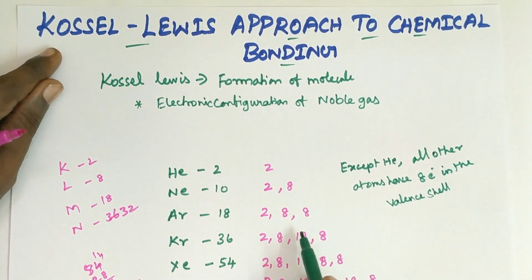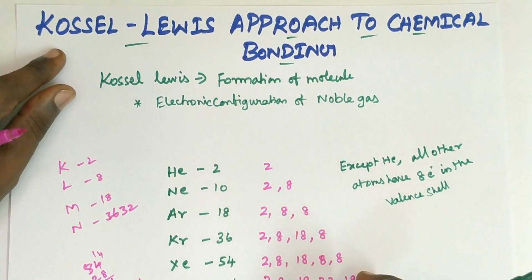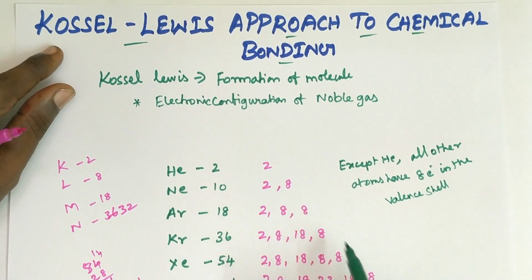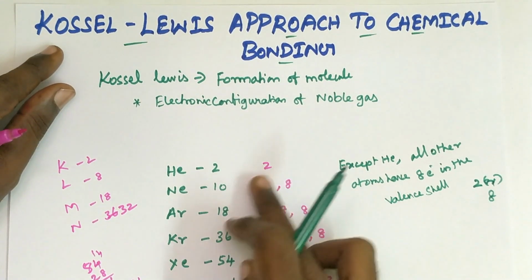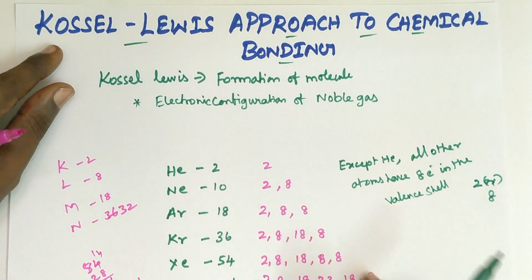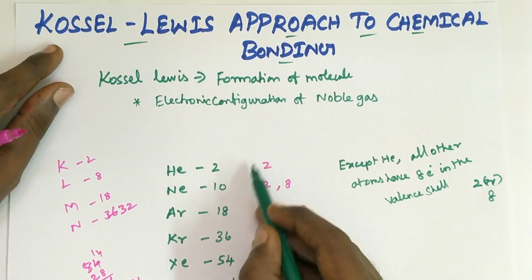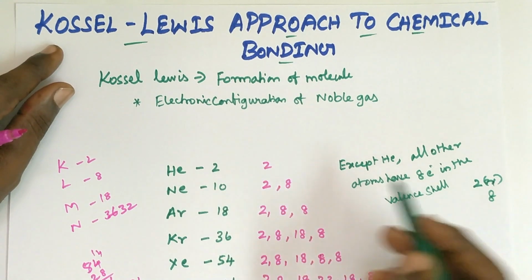Completely filled outermost shell means either 2 or 8. So except helium, all other atoms have the stable configuration of 8 in the outermost shell. Helium has the completely filled K shell, that is stable.